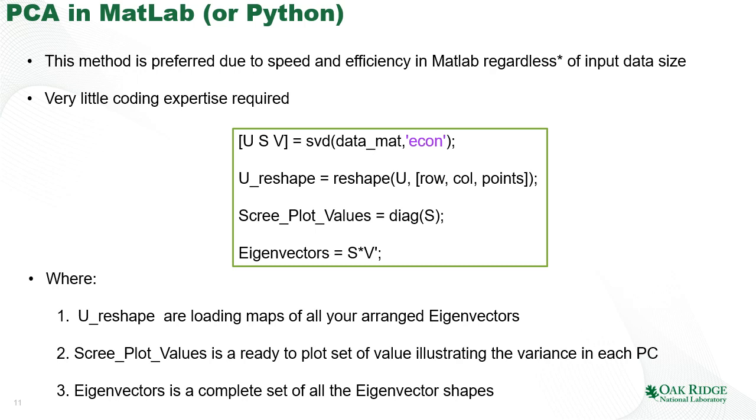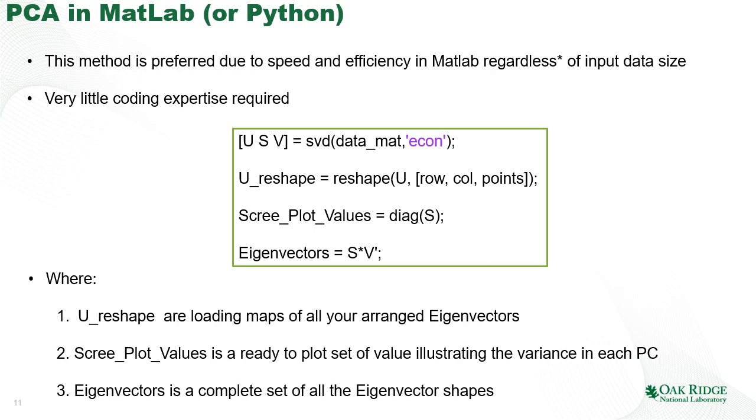If you want to implement it, the program in MATLAB that allows you to run PCA on your data set looks like this. You take your data set, which we call data mat. We perform the singular value decomposition. This is just a function in MATLAB. It gives us three matrices, U, S, and V. These are the three matrices that define the PCA transform.